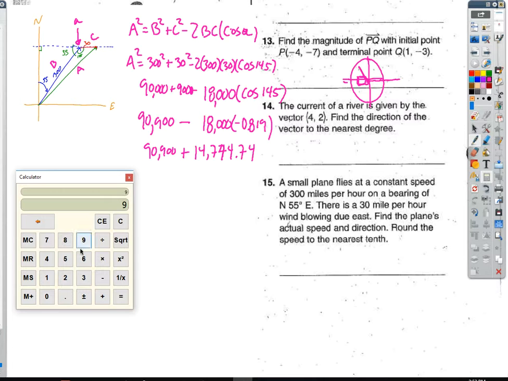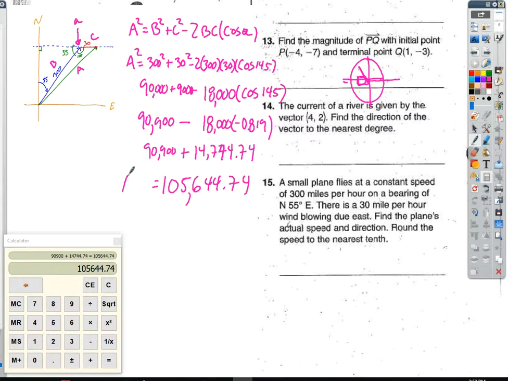So we have 90,900 plus 14,744.74, and I get that beautiful number, 105,644.74, and that is equal to a squared.